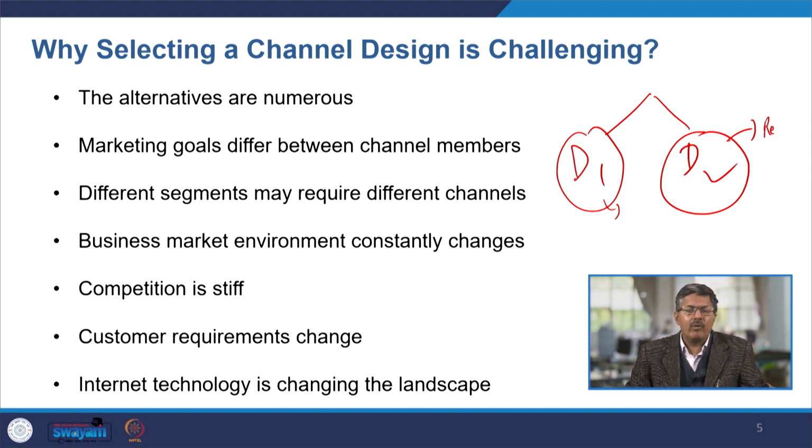Different segments may require different channels. Now, if you look at it from a product perspective, the product may be sold to different segments in the market, right. Your target segments may be different, so on the basis of the target segments, maybe the channel will differ. For example, let us say there is a high volume segment and a low volume segment.